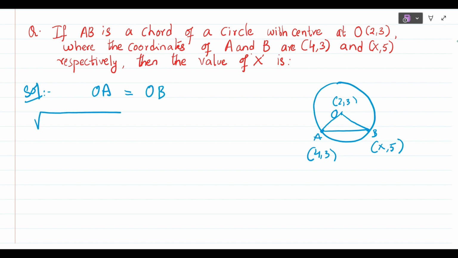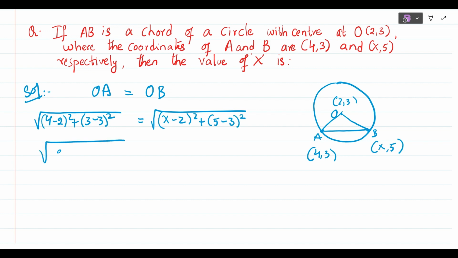So square root of 4 minus 2 whole square plus 3 minus 3 whole square is equal to square root of x minus 2 whole square plus 5 minus 3 whole square. So this gives square root of 4 minus 2 is 2, square, plus 3 minus 3 is 0, square. That will be equal to, do carefully here, a minus b whole square formula, students, 2 whole square.